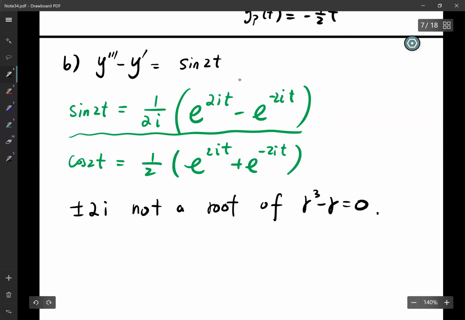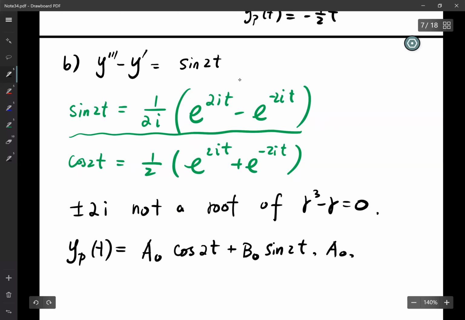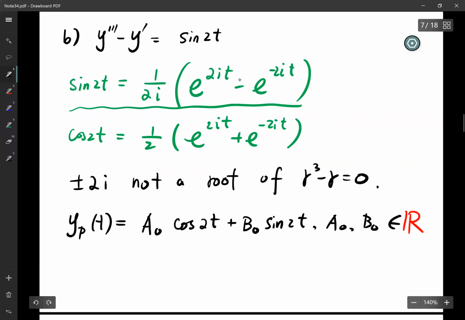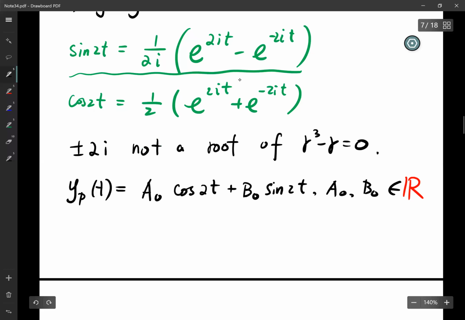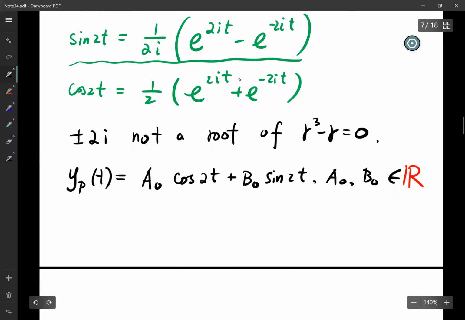So I can make an educated guess: A naught cosine 2t plus B naught sine 2t. Here A naught, B naught are real numbers. We can also do the exponentiated form with A naught, B naught being complex, as we talked about a few times. They are completely equivalent.